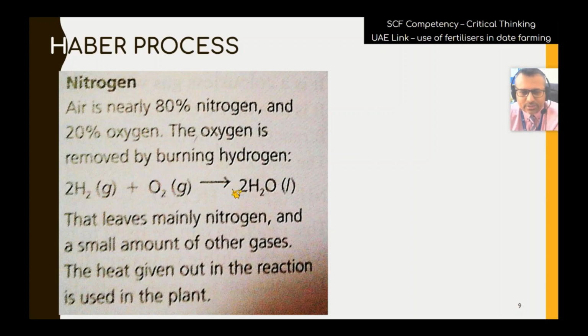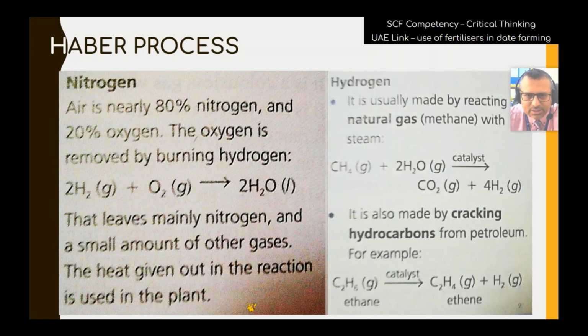It's quite an okay product to have. So removing the oxygen from air leaves mainly nitrogen, and a small amount of other gases that are removed in a cleaning process called scrubbing. As mentioned, the heat given out in this very exothermic reaction is used in the plant itself.